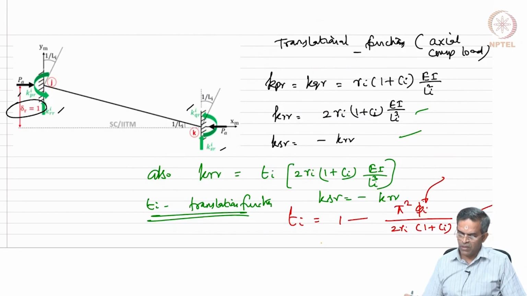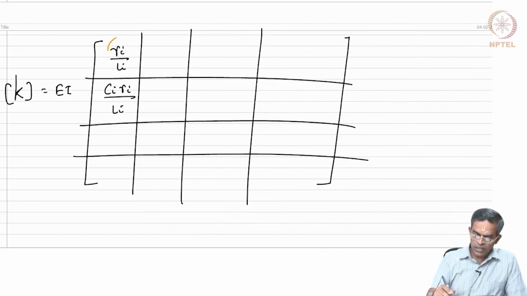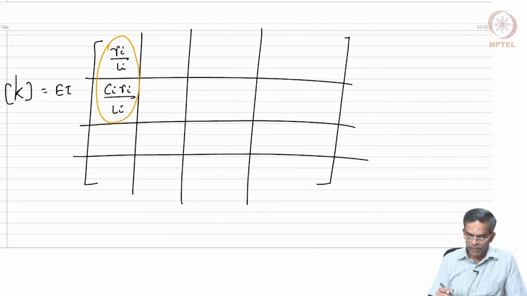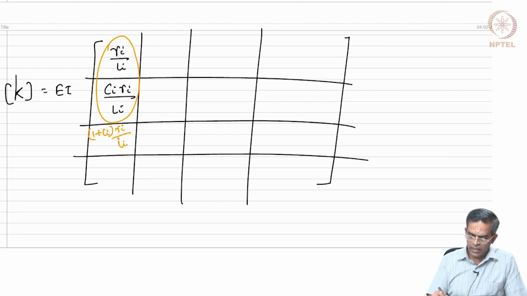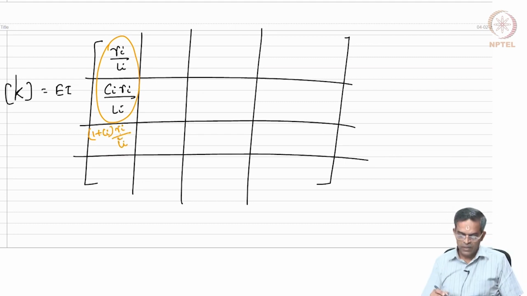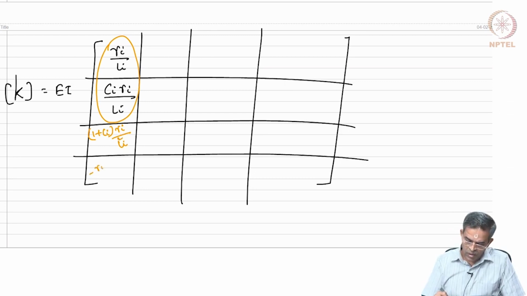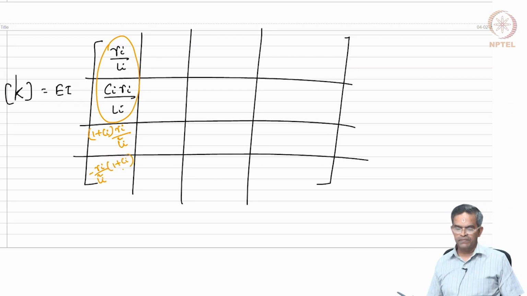I am using the same algorithm here. Sum of these two by L, that is 1 plus Ci of Ri by Li square, and this is minus of Ri by Li square 1 plus Ci. I am using the same logic.